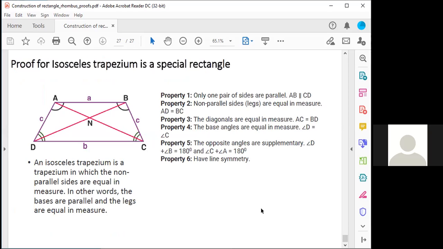This is an isosceles trapezium. Does this look like a rectangle to you? No, it's the other way. So fix it, and this is something we are going to discuss next time.